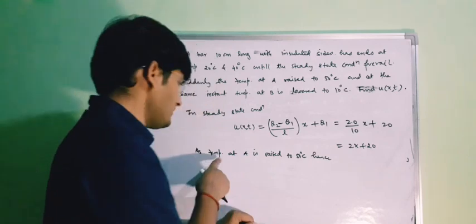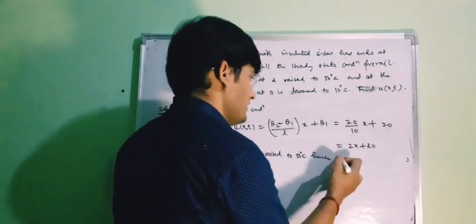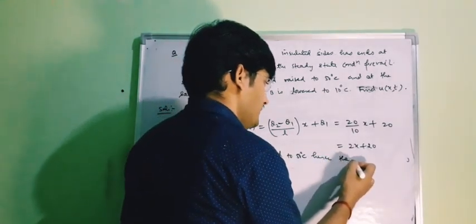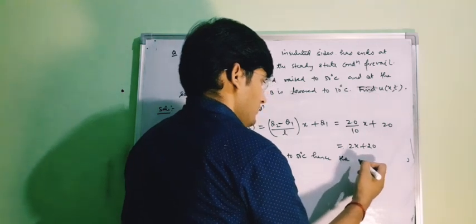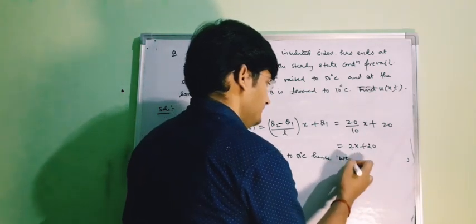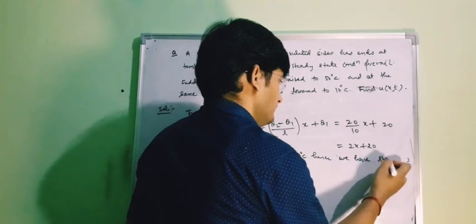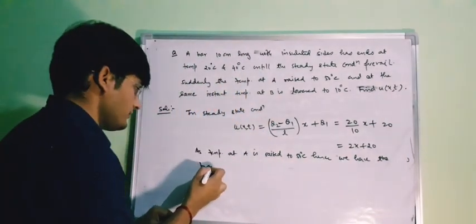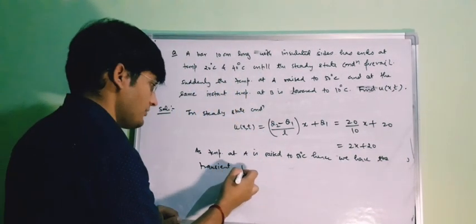As temperature at A is raised to 50 degrees centigrade, we have the transient phase. That means we have the transient temperature.